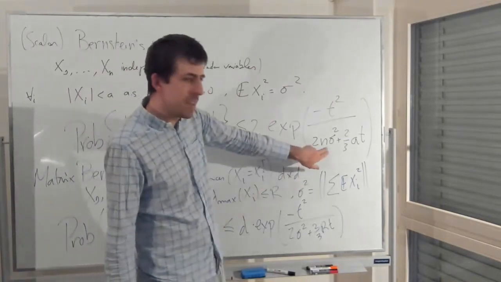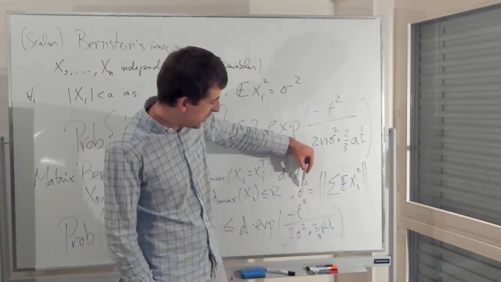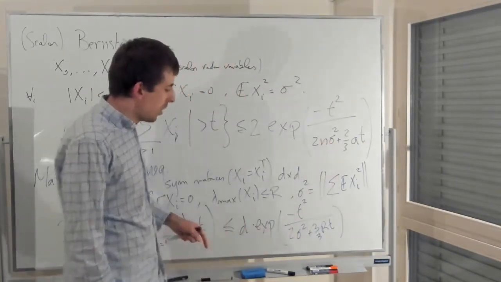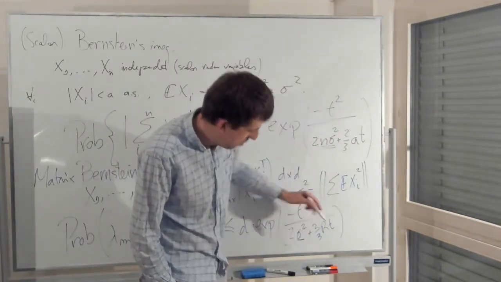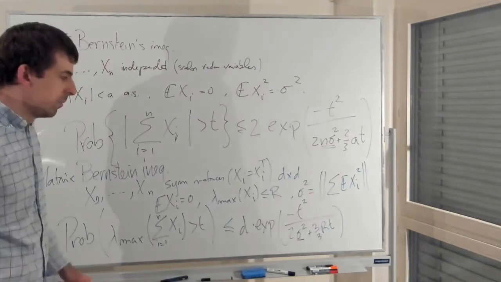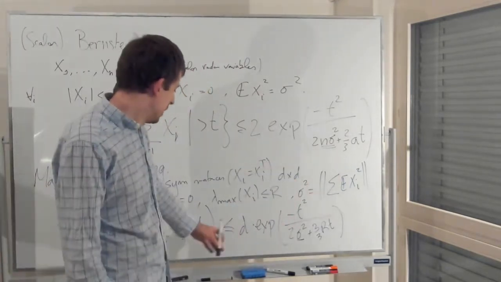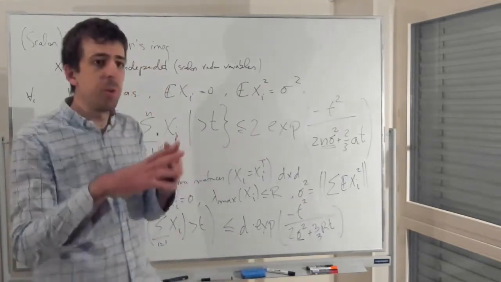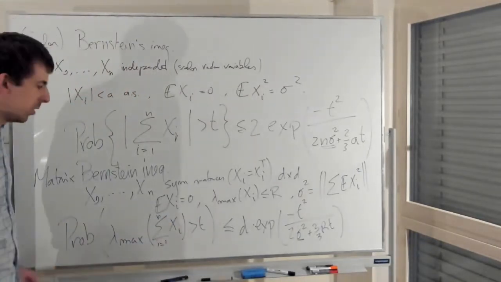Of course there's an n here that is not over here, but that's because this variance is being defined as a sum, so there's sort of an n already here. So this term really is the analog of this one, and everything else is the same. The two that we have here is because we're controlling both sides here, the probability of being too big and too small. Here we're just controlling one of them, so the two wouldn't belong.